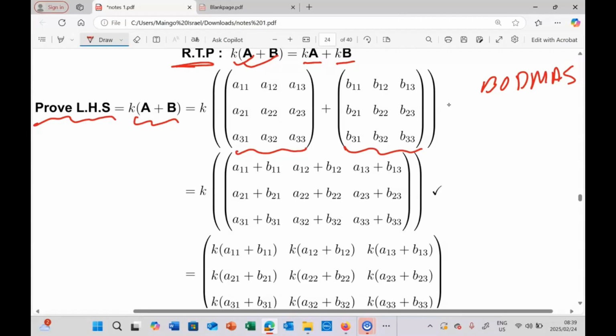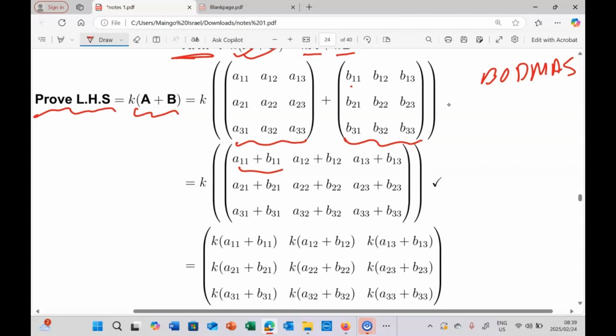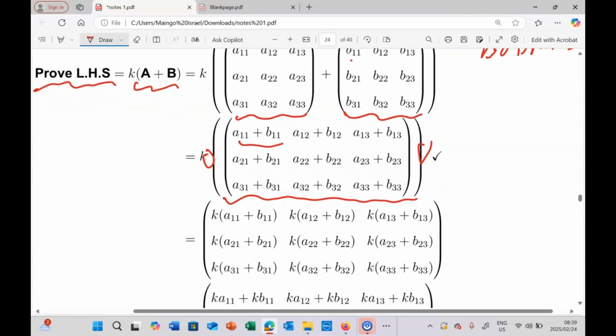When we add matrices of the same size, we add the corresponding entries. So that's adding A11 with B11, A12 plus B12, then A13 plus B13, like that up until we get this guy. And you can remove this outer bracket. It's insignificant now because we already have one bracket. It's just a typing error.